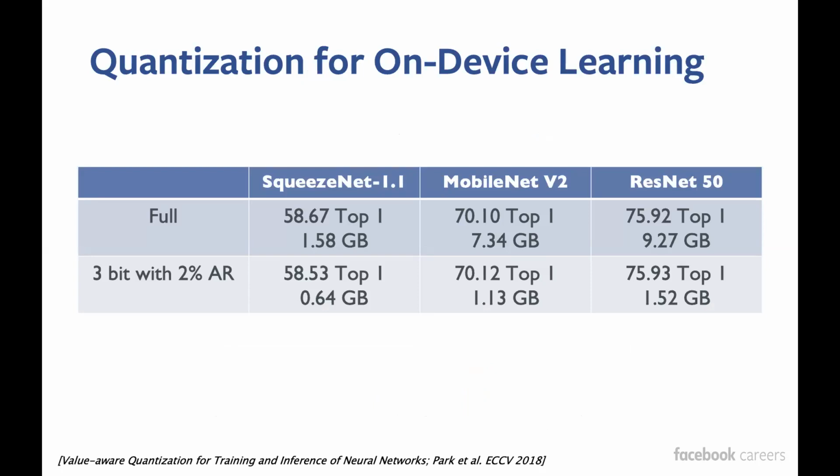MobileNet is a similar situation. The activation memory use is around 7.3, and with activation quantization you can reduce it to 1.1. ResNet also goes from 9 gigabytes to 1.52. You'll notice that the line on top is the ImageNet accuracy, and there is almost no drop when you do this quantization.